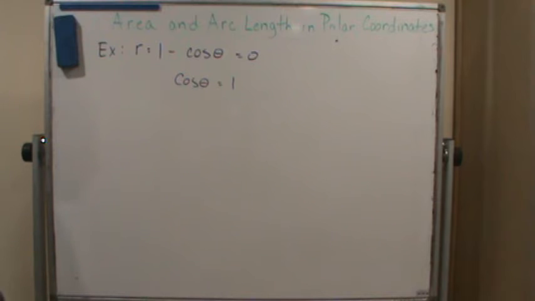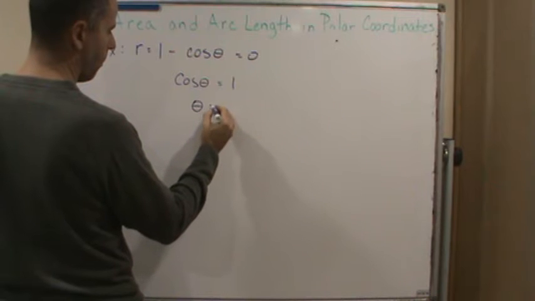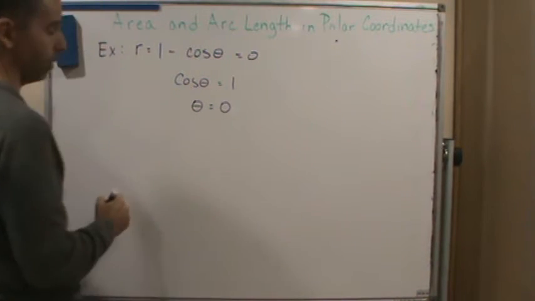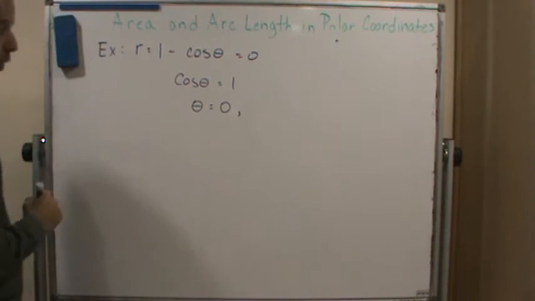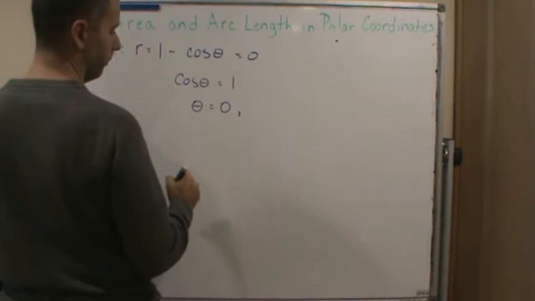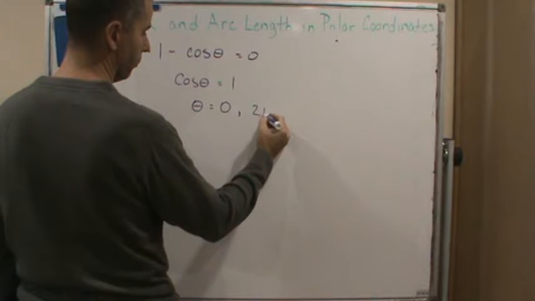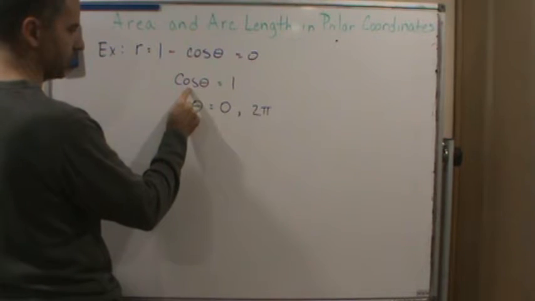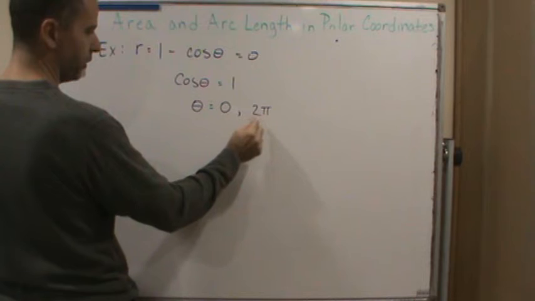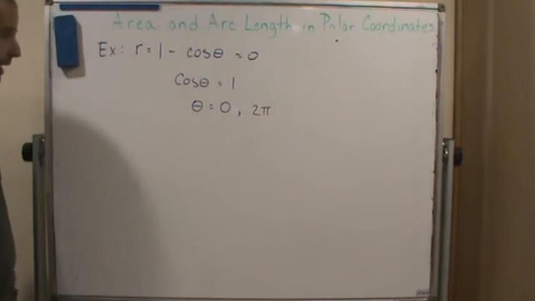Cosine is equal to 1 whenever theta is 0 to 2 pi, because cosine is a periodic function with period 2 pi. So one trace of the cardioid goes from 0 to 2 pi. That's our limits of integration.